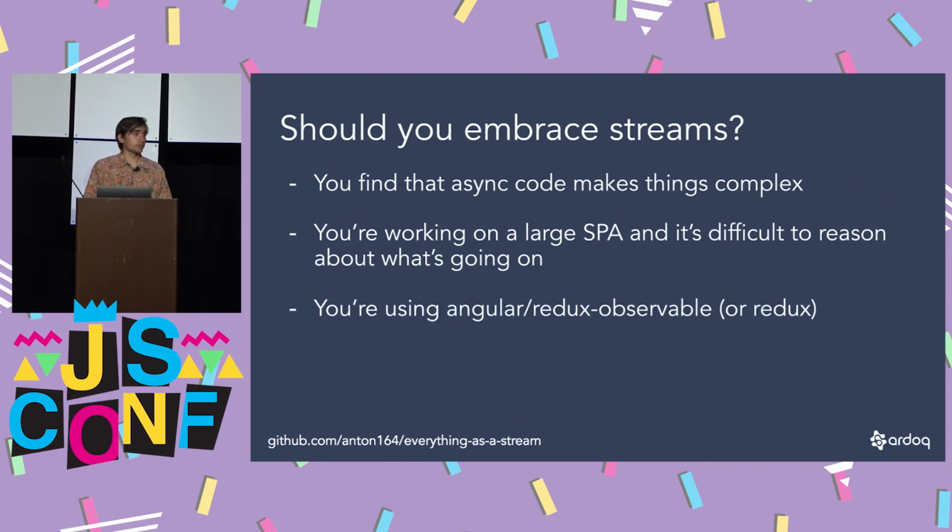And next, if you're using Angular or redux-observable: Angular has a single dependency, and that is RxJS. But I think many who use it haven't really embraced it that much, so it might be worth reading more into it. And perhaps also, if you use Redux, you should really check out redux-observable.